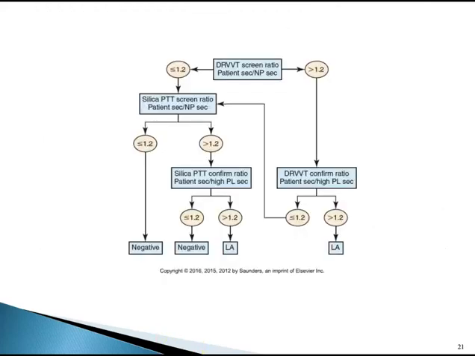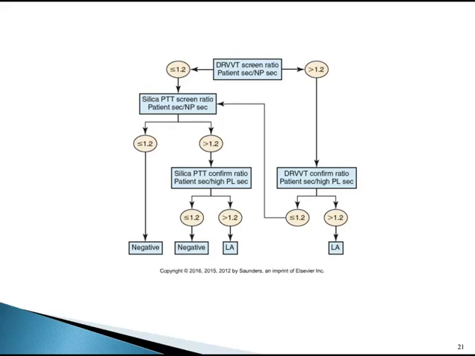And here is the flow chart that helps us determine the presence of lupus anticoagulant. All right, so with the screening test, you will use a DRVVT assay using low phospholipid reagent.